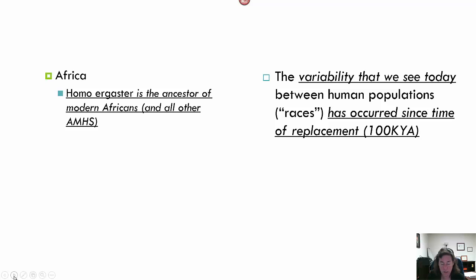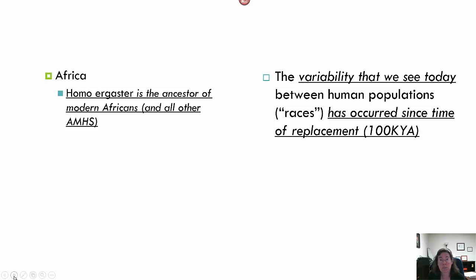Another very important component of the implication of this hypothesis is, when did human variation evolve? According to the out of Africa hypothesis, the variation that we see today between human populations, between human races, has occurred since the time of replacement. And remember, anatomically modern Homo sapiens occurred between 100 to 200,000 years ago.